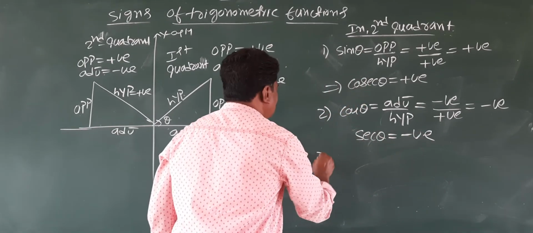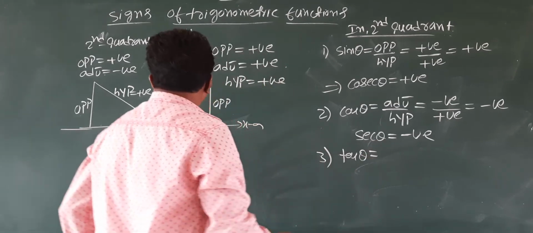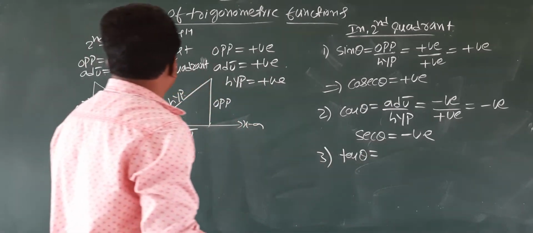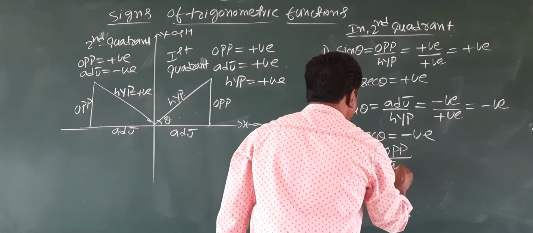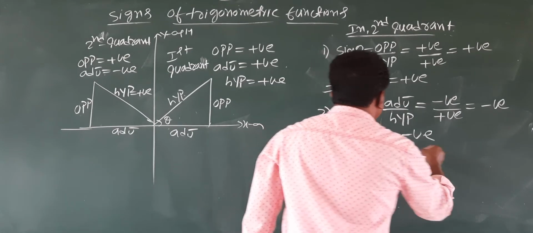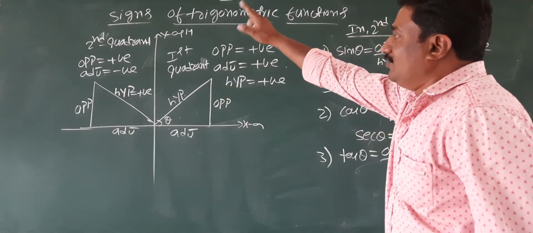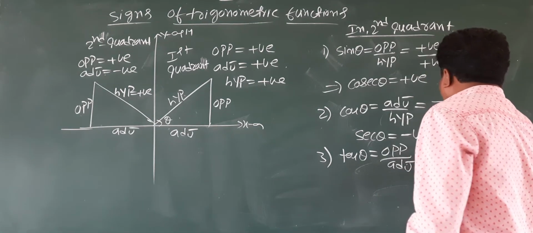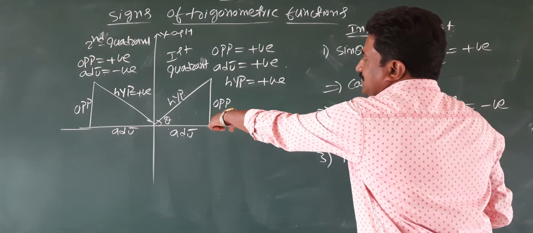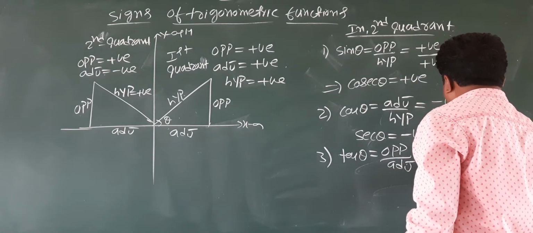So now come to the third one. Tan theta is opposite by adjacent. Tell me the opposite value, students. Opposite, it is along the y-axis, positive, by adjacent side, which is along the negative axis, negative.